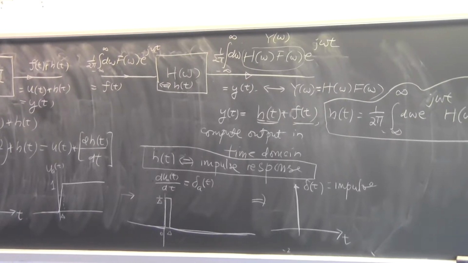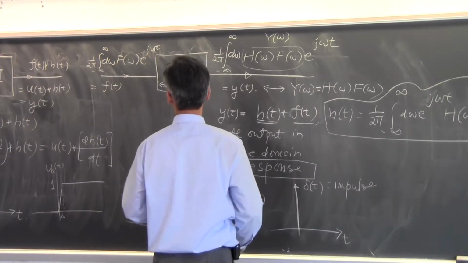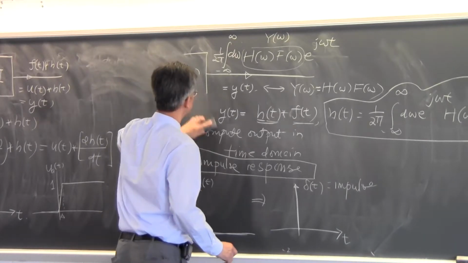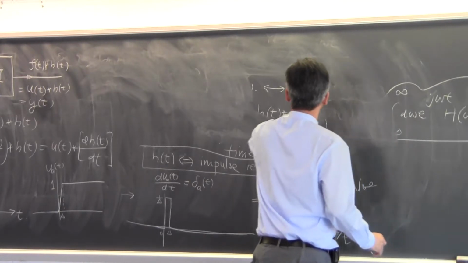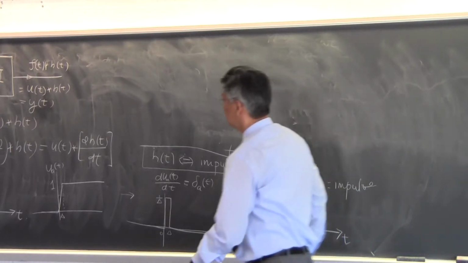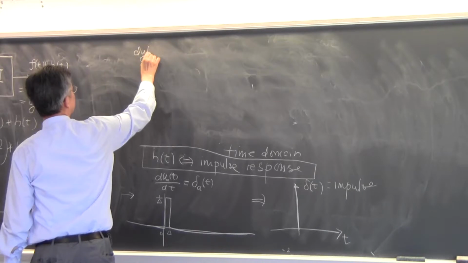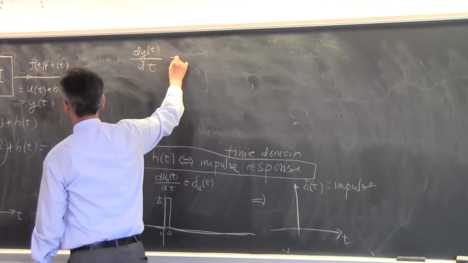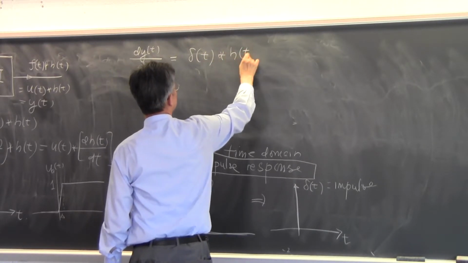So, if I were to think of that as becoming an impulse, then I will have that dy dt is equal to an impulse convolving with h of t.